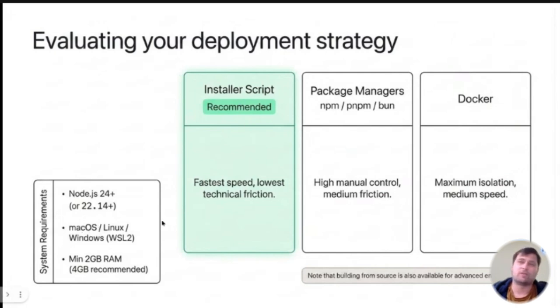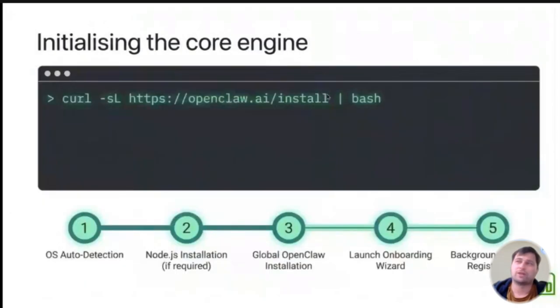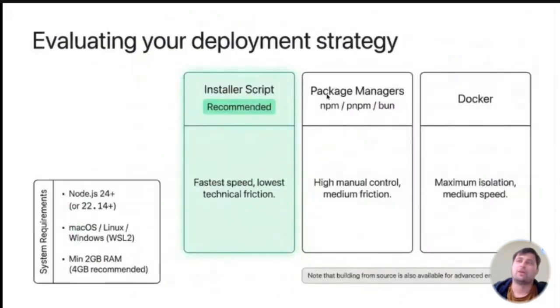It can be installed on macOS, Linux, and Windows. The minimum requirement for RAM is 2 GB, and 4 GB is recommended. It can be installed as a script, via a package manager, because it's open source. You can also download and run the full application by yourself, and also in Docker.